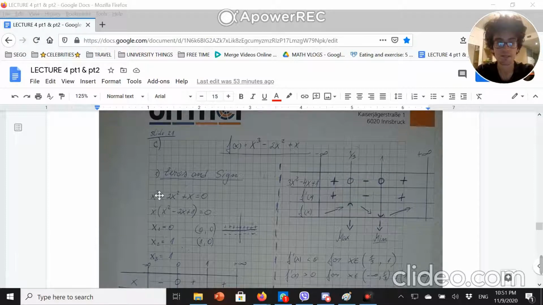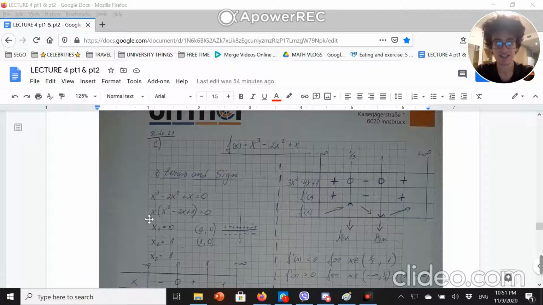So first, we would take our initial function and equal it to 0 in order to find the x's. For this one, I put the common number in front of the parentheses, so it would be x, and then inside of the parentheses I would stay with x to the power of 2 minus 2x plus 1, all equal to 0.